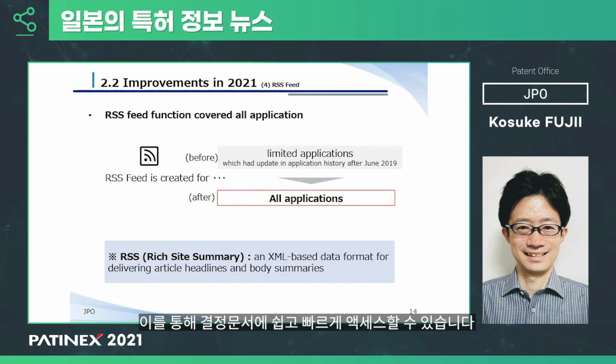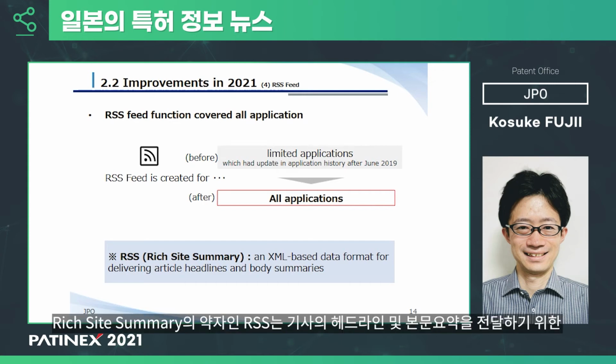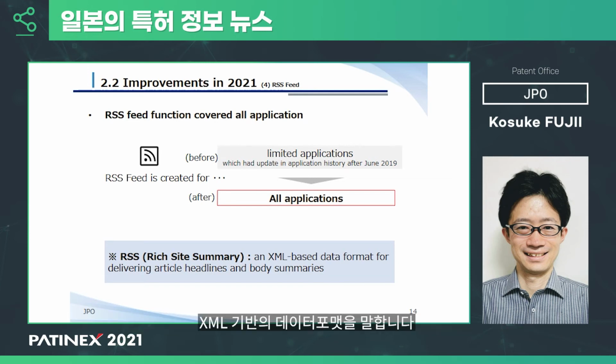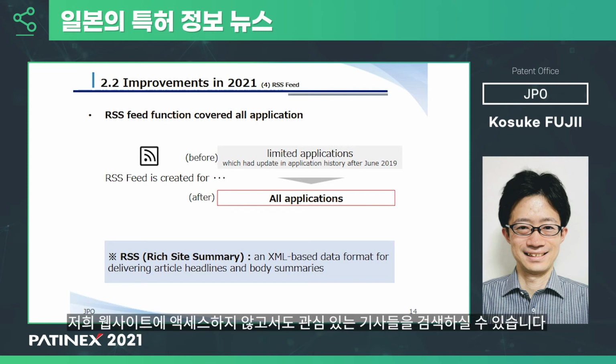The fourth update is about the coverage of RSS feed. RSS stands for Rich Site Summary, is an XML-based data format for delivering article headlines and body summaries. By using a specific software like RSS Reader, you can browse articles of interest without accessing our website.